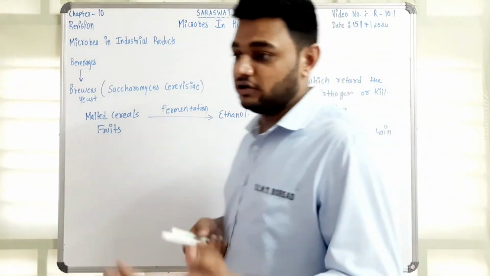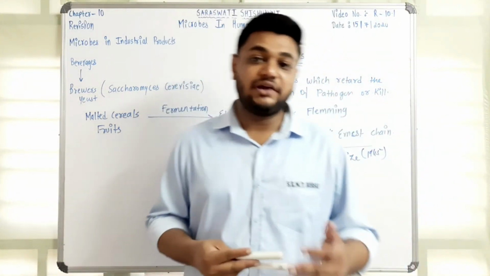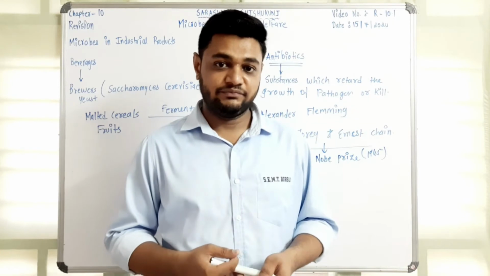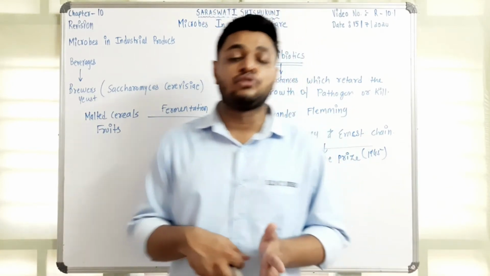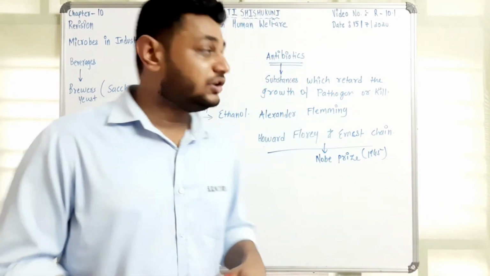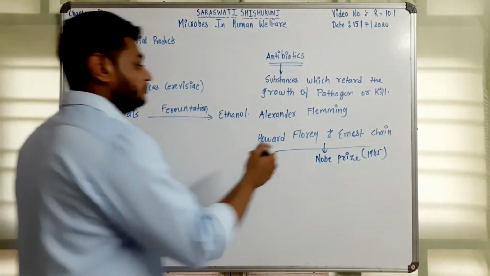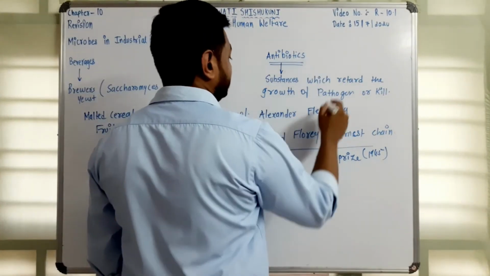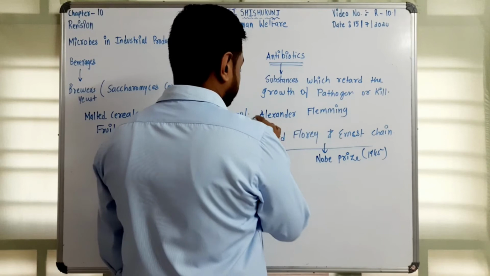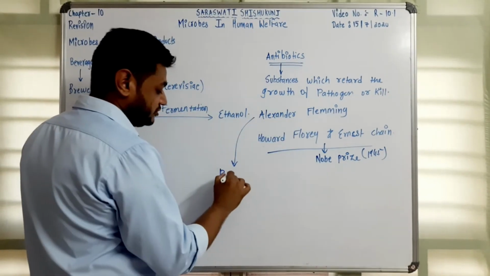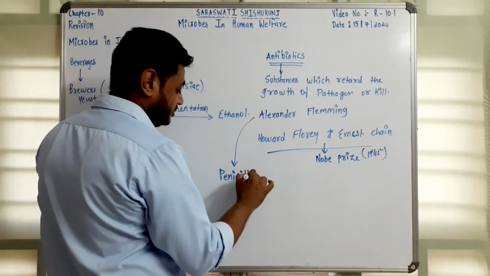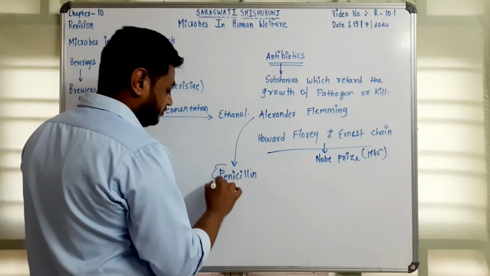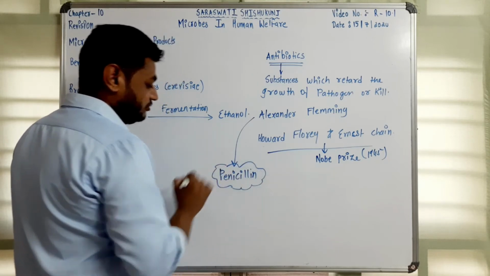Alexander Fleming saw that the bacteria Staphylococci is not able to grow around the Penicillium notatum fungus, right? This first antibiotic which was discovered was referred to as penicillin, and this was obtained from Penicillium notatum fungus.